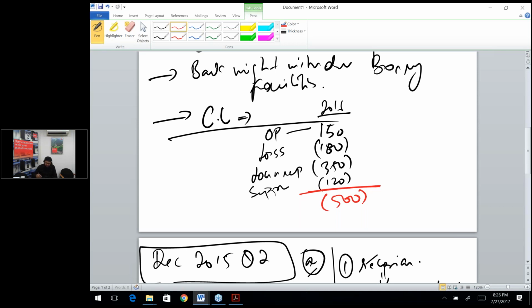And if you look at undrawn borrowing facilities, that is also 500. So the only thing that could lead to the entity surviving is the bank not withdrawing the borrowing facilities, because you see the undrawn borrowing facilities.